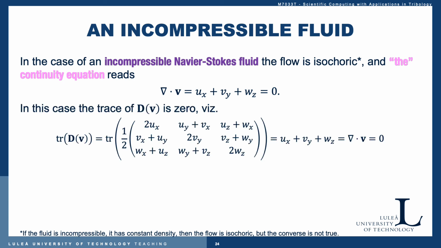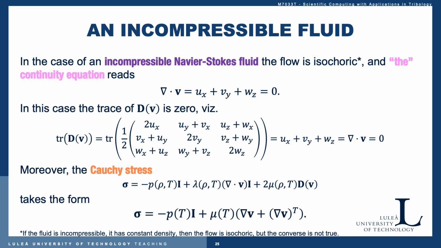Because of that the divergence of the velocity is 0, the trace of the symmetric part of the velocity is also 0, as can be seen clearly here. The trace is just the sum of the diagonal components, and the sum of the diagonal components is exactly the divergence of the velocity, and the divergence of the velocity is 0 when the flow is isochoric.